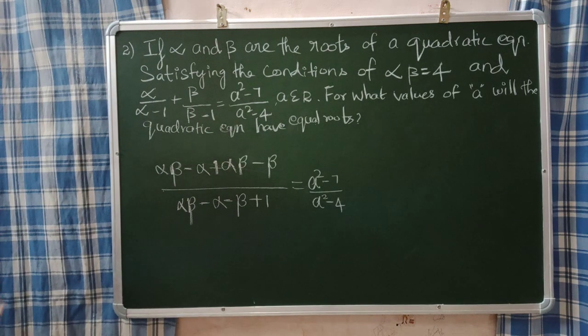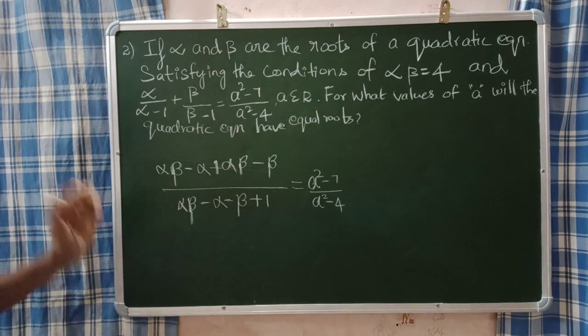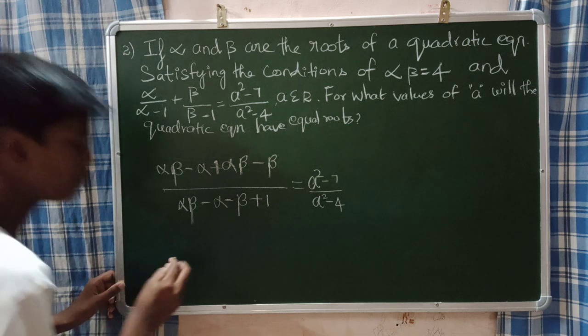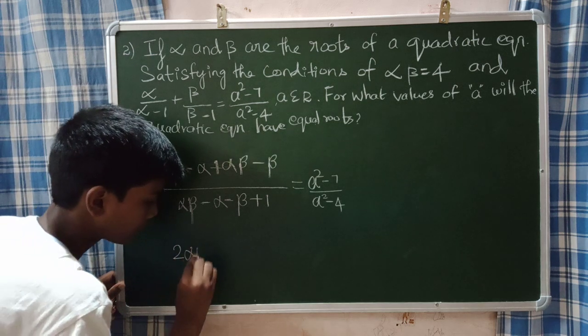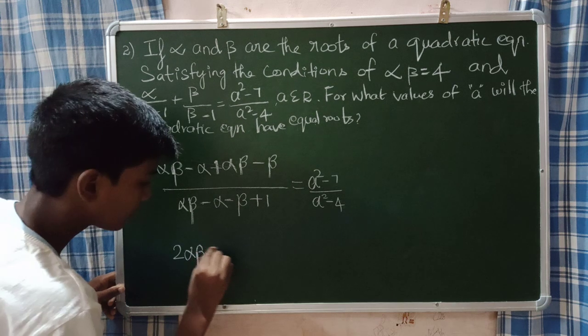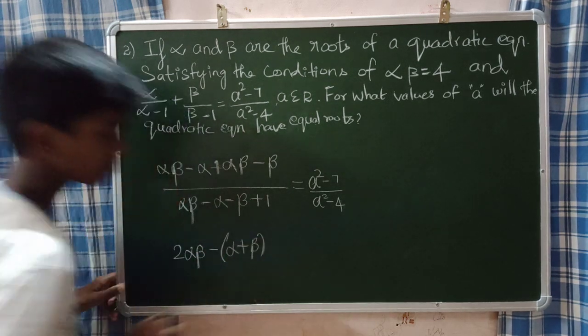Now I am going to convert this expression, that is the LHS, into another form. Alpha beta plus alpha beta is 2 alpha beta, minus of alpha plus beta.